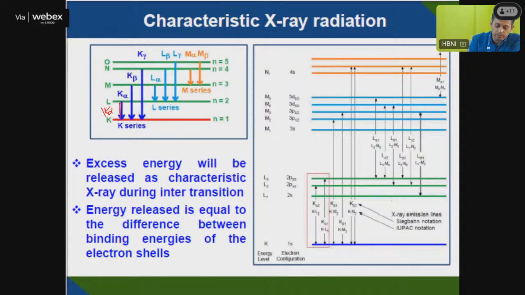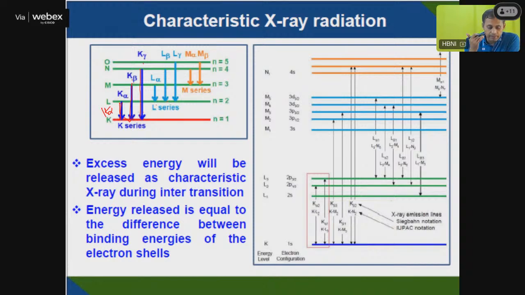Similarly, when it comes from the M shell or the N shell to the K shell, K beta and K gamma will be produced. Similarly, for the L shell, from M to L it is L alpha, and from N to L it is L beta and L gamma, and similarly for the M shell.